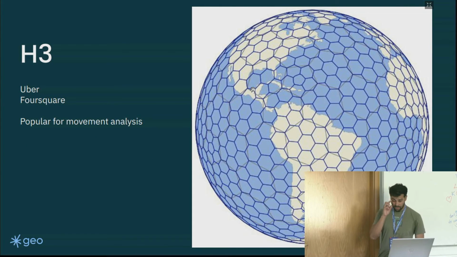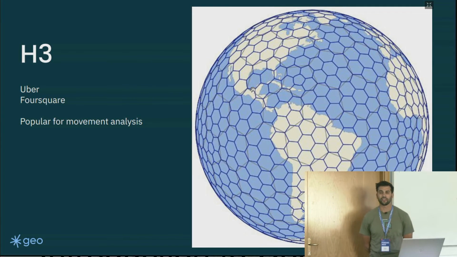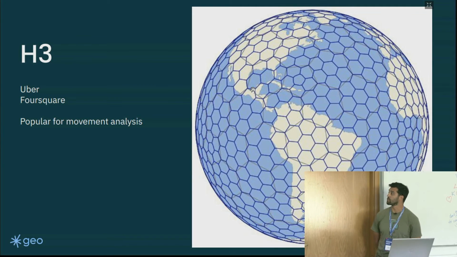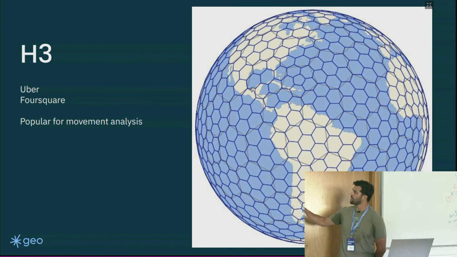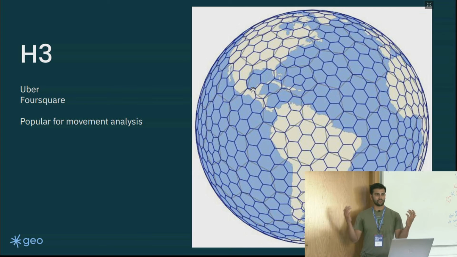So this is one: H3 for Uber and Foursquare. One thing you'll notice here is it's not square. We're using hexagons and pentagons as well. Just the way that hexagons wrap the Earth, there's not enough space, so you have to throw in a pentagon there. And these are really good for movement analysis because instead of 4 sides that data can flow, you suddenly have 6 sides or 5 sides that data can flow.